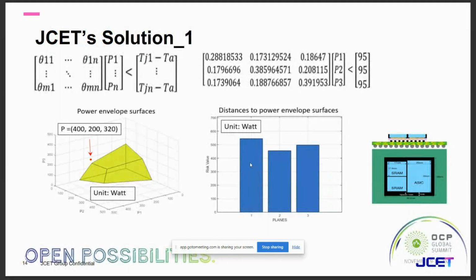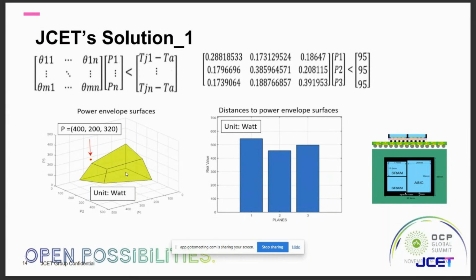So let me give you one example. Here we have 3 dies, and we construct a power envelope surface. If you look at the left figure, with P1, P2, P3, the 3 surfaces are the maximum allowed power magnitudes.